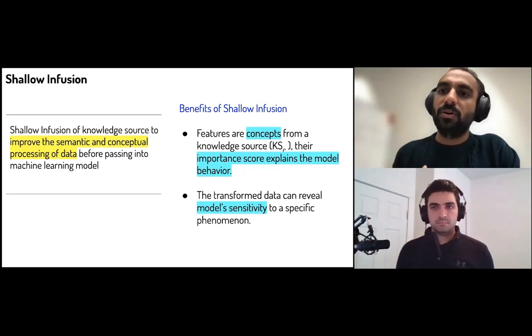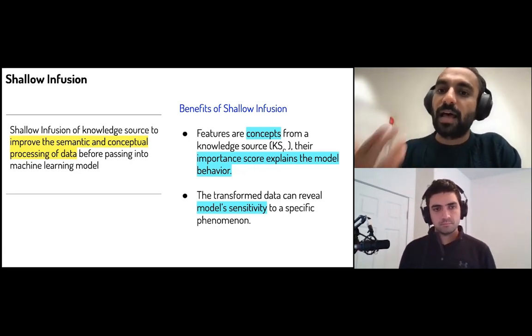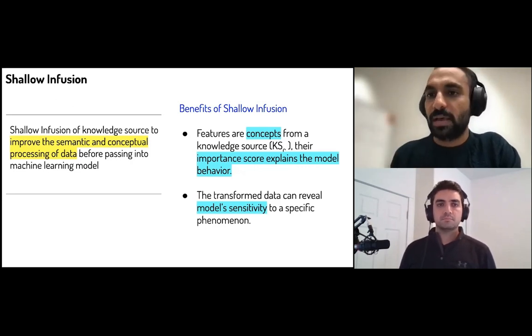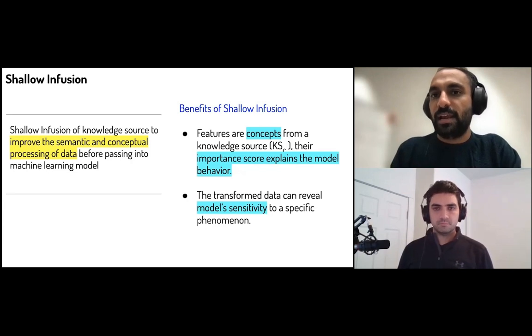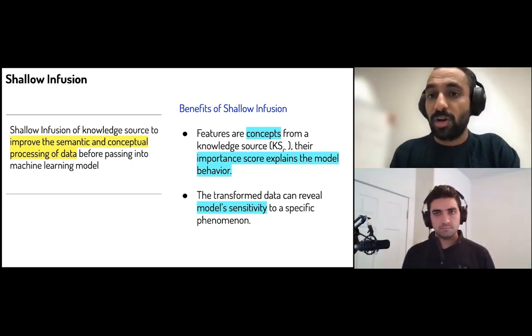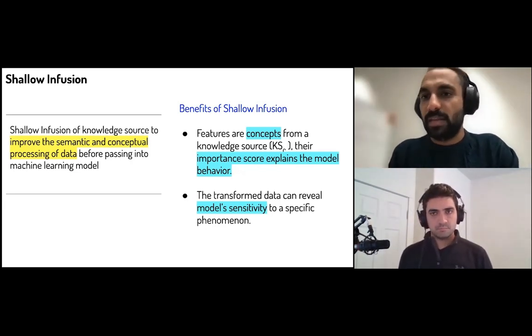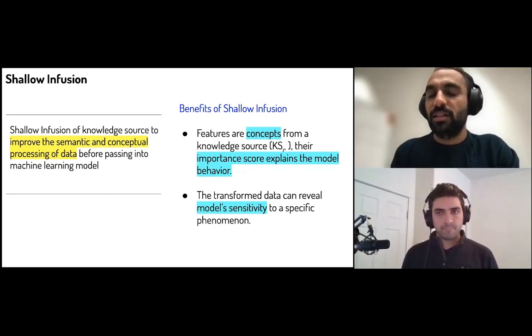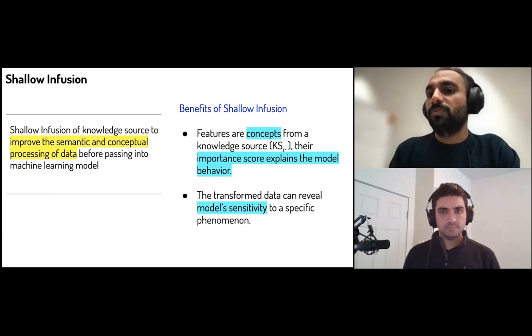Now my importance scores are not on the words, but rather on the importance scores of the concepts that I can explain. I can illustrate to an end user that these are the features that I found important, and these features you are very, very familiar with, rather than the words where they have to struggle in making sense of those features.